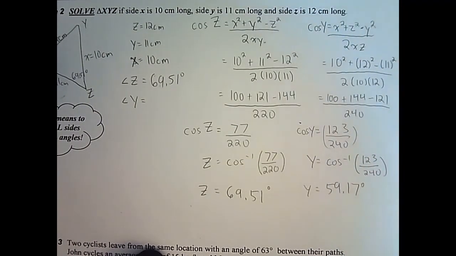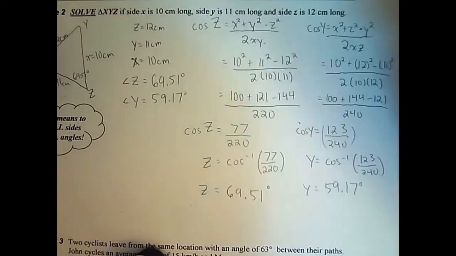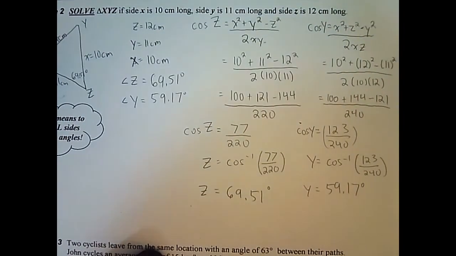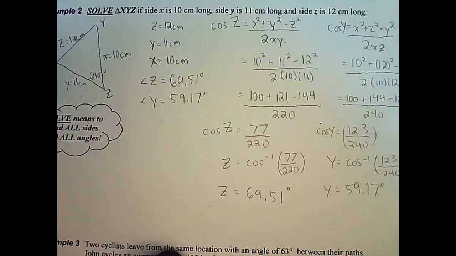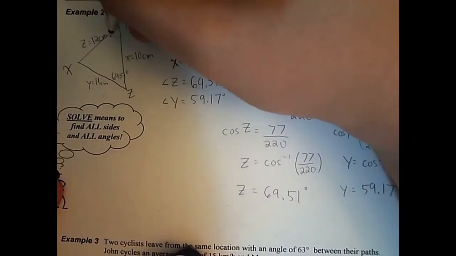So now for the last angle, what I would normally do is, to be safe, I should do the whole cosine law again for angle x. But I know you're thinking, well, if I know two of the angles, I can figure out the third angle.